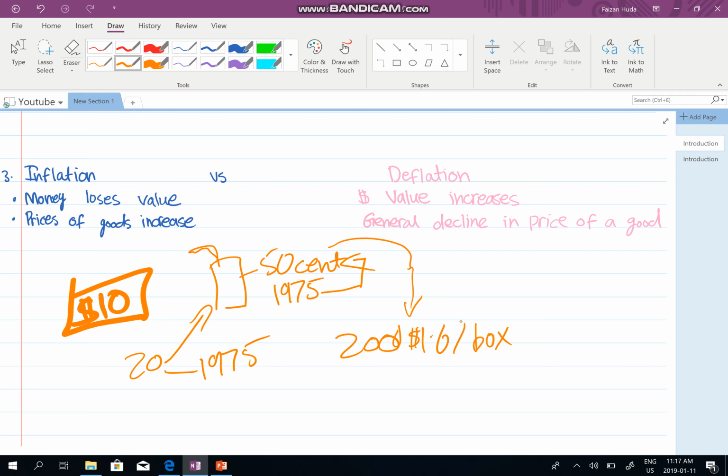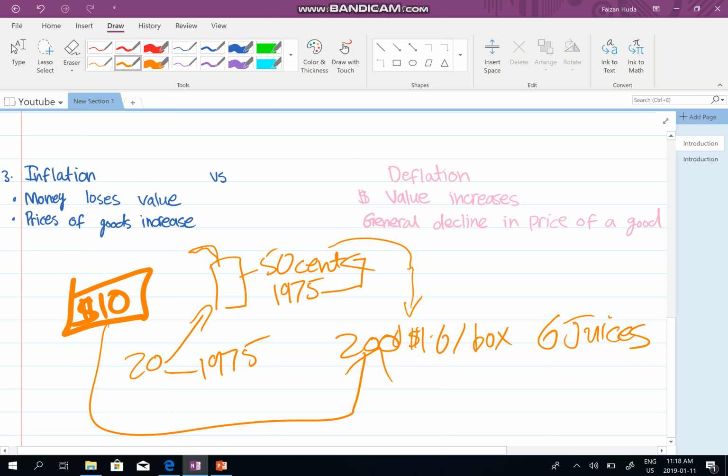If he finds the forgotten note in the year 2000 and goes to purchase juice boxes, he would only be able to purchase 6 juice boxes, whereas in 1975 he could have purchased 20 juice boxes with the same $10 bill. Although the $10 note remained the same in face value, it lost its purchasing power by around 69% over the 25-year period.